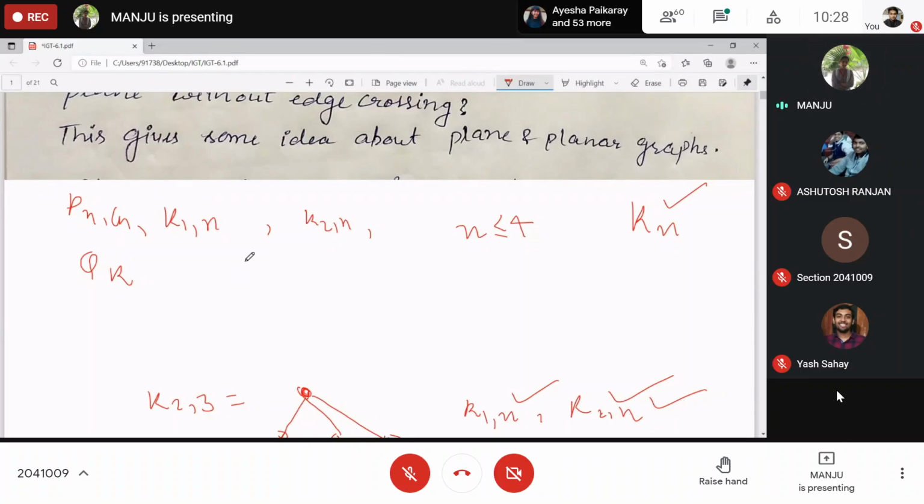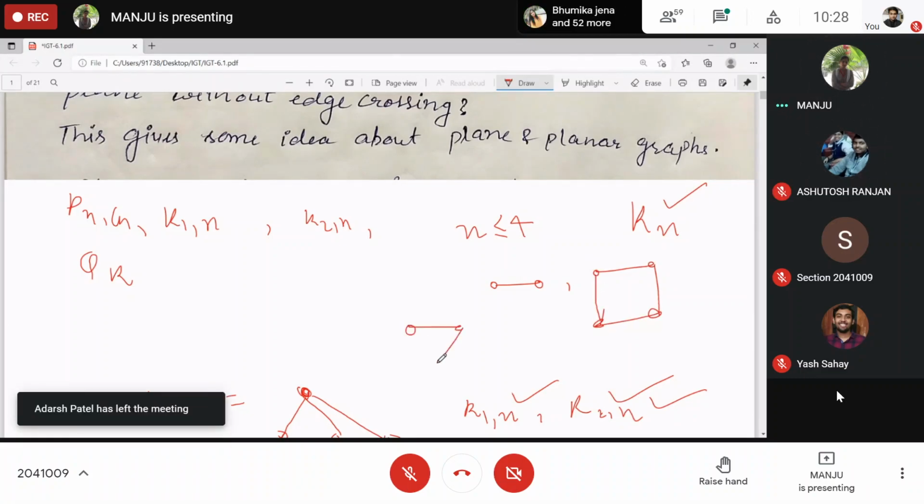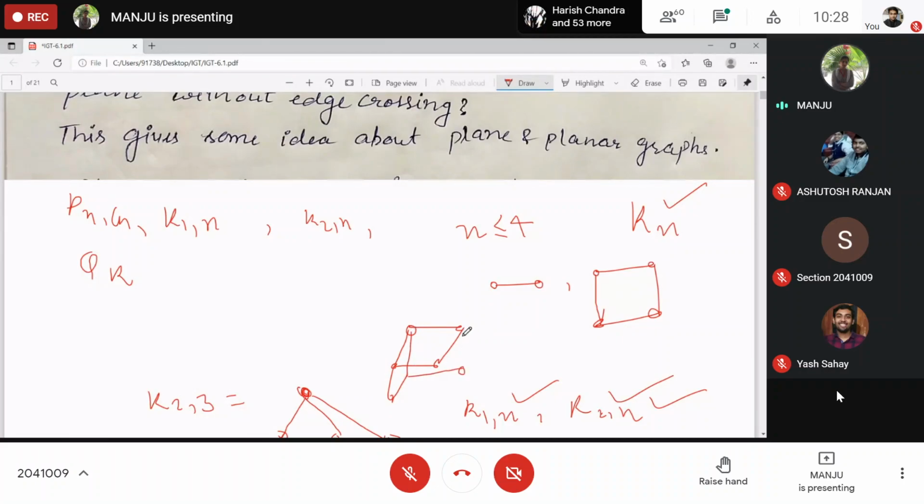Q2 is the square C4, that is also planar. Q3: is it planar?